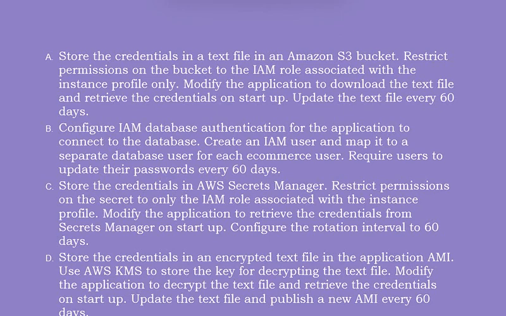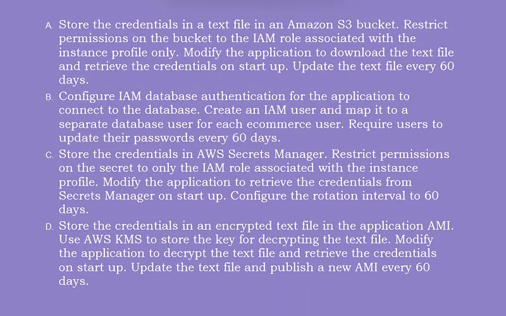Option C, store the credentials in AWS Secrets Manager. Restrict permissions on the secret to only the IAM role associated with the instance profile. Modify the application to retrieve the credentials from Secrets Manager on startup. Configure the rotation interval to 60 days.